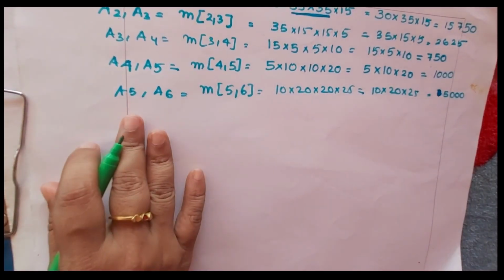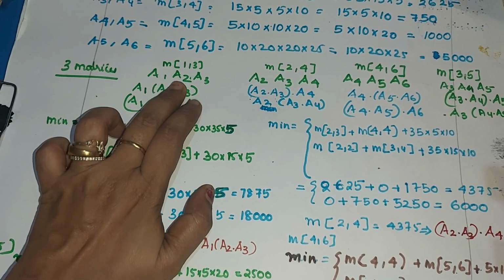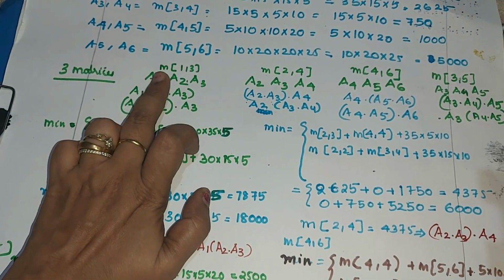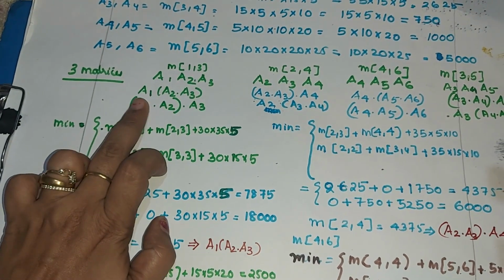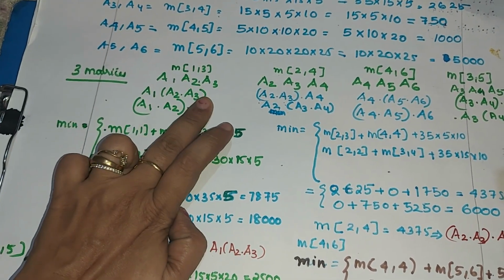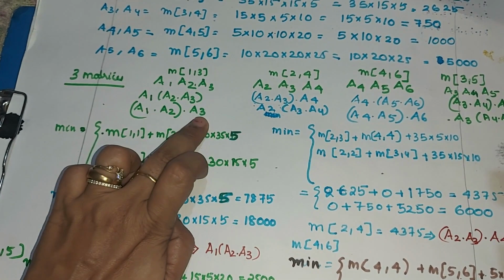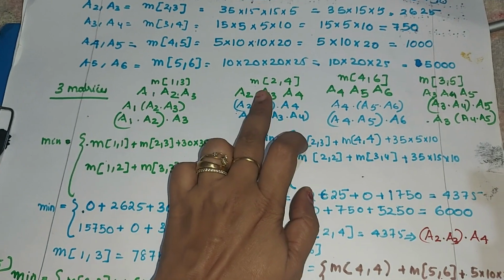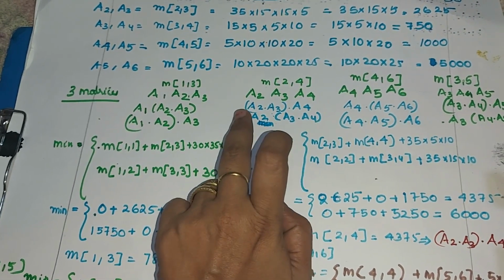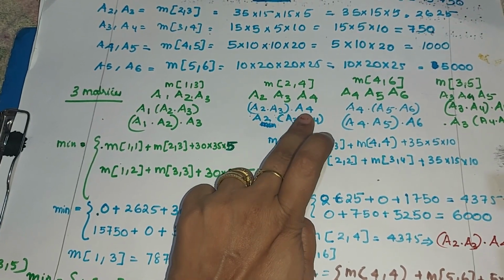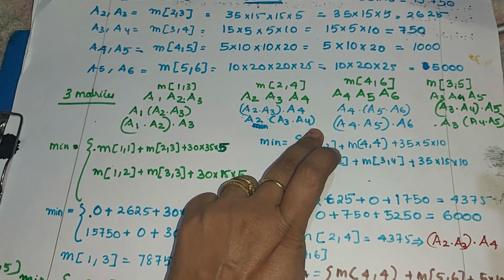Okay. Next I am going to take the combination of 3 matrices together. That is A1, A2, A3 together, and it will be written as M1,3. And the splitting is A1 alone, then A2, A3 together, then A1, A2 together into A3. Then M2,4, that is A2 to A4: A2 and A3 together into A4, then A2 into A3 and A4 together.